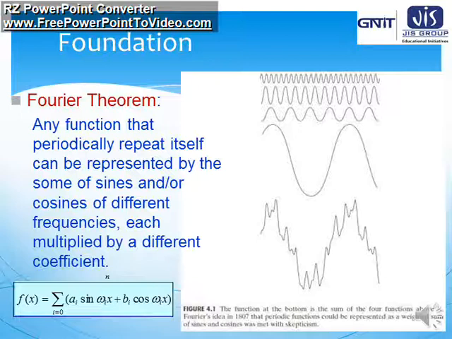Here in the figure we can see the function at the bottom is the sum of the Fourier functions above it. Fourier's idea in 1807, that a periodic function could be represented as a weighted sum of sines and cosines, was made with this.